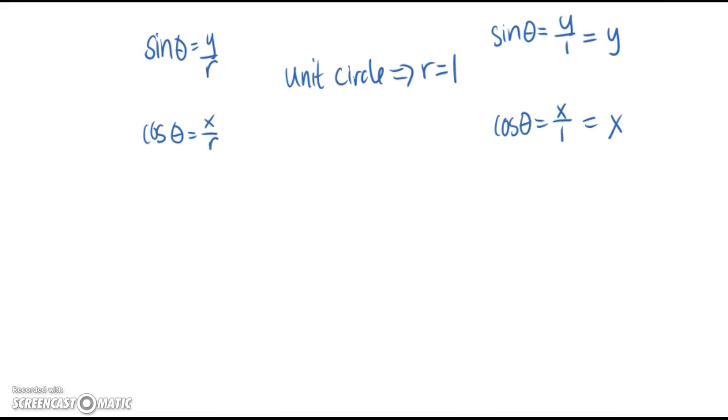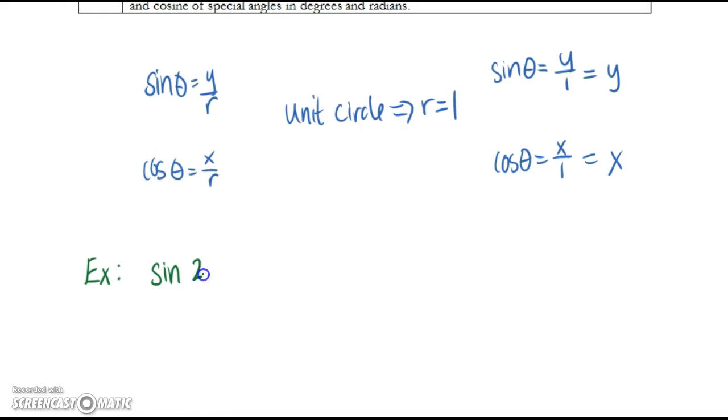For example, let's take 225 degrees and find the sine of that angle. Sine of 225 degrees. And so what we need to do is find that angle on the unit circle, and then because we're finding sine, it's just the y coordinate. Okay? So here's our unit circle.